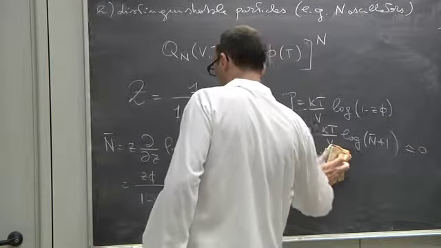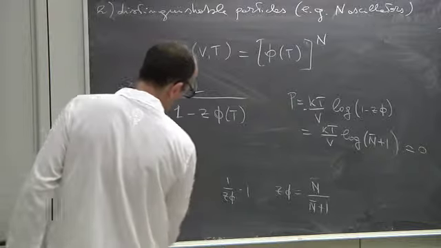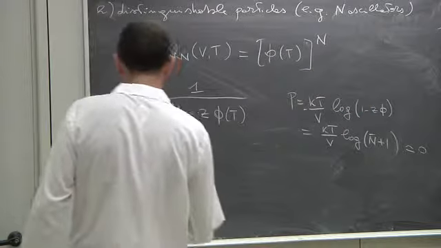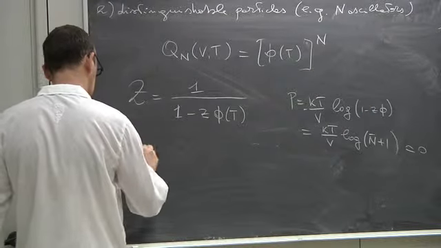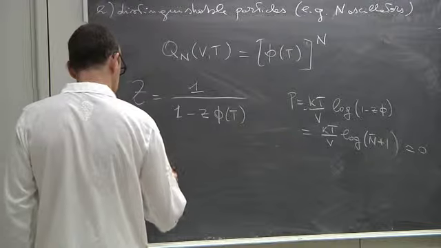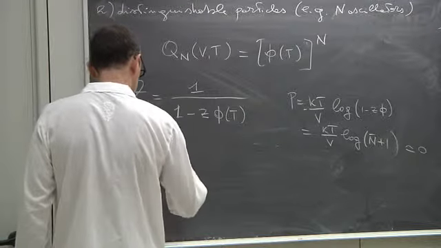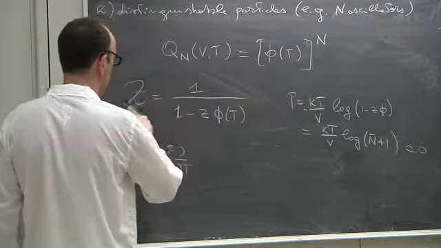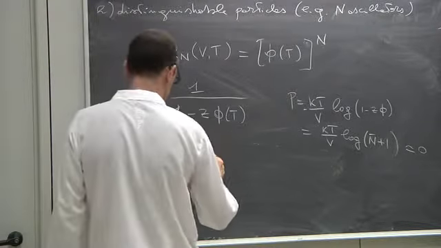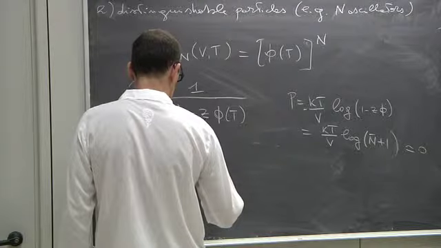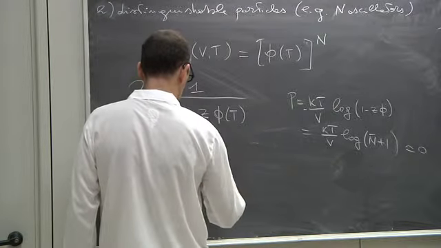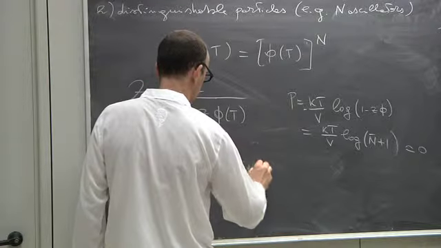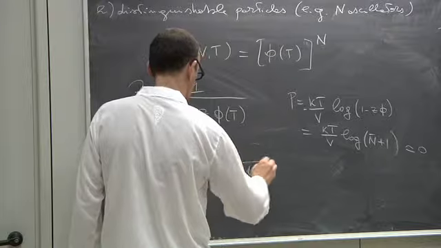And likewise, you can compute, for example, the energy. The energy of the system is kT squared times the derivative of the log of Z with respect to the log of 1 over z phi with respect to t.